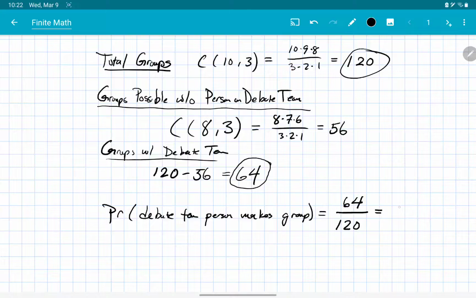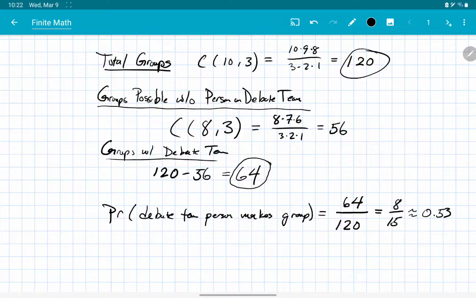And then when we reduce this, it reduces to 8/15, and this is around 0.53. So it's more likely than not that someone will be chosen from the debate team on the group, which might seem slightly counterintuitive, but here we are.